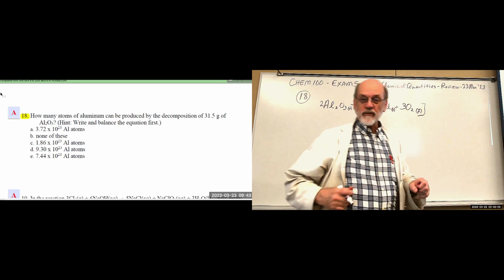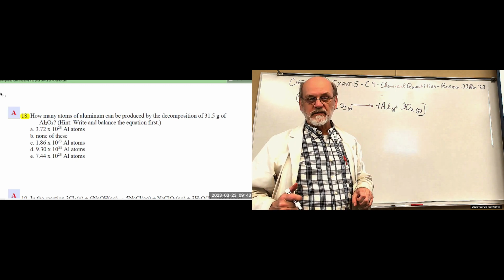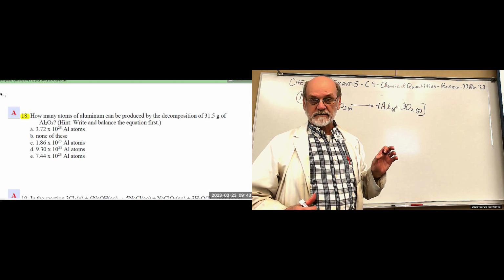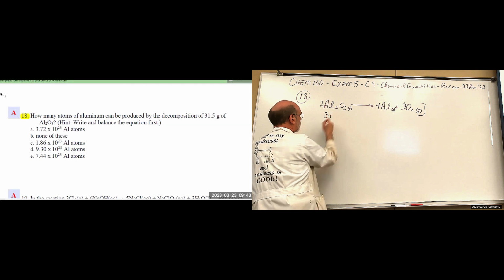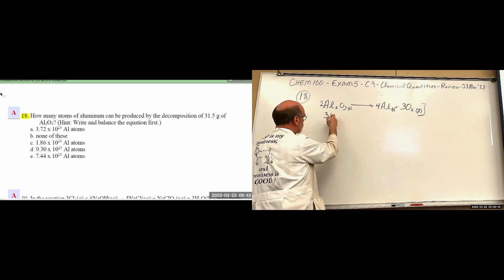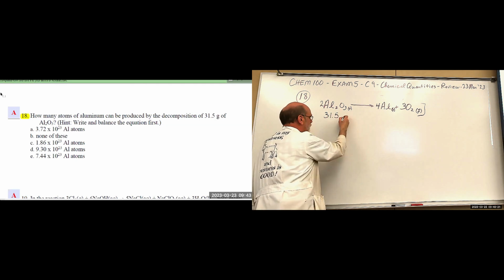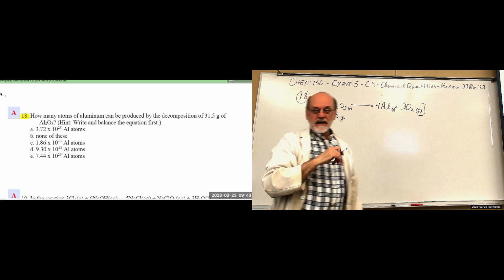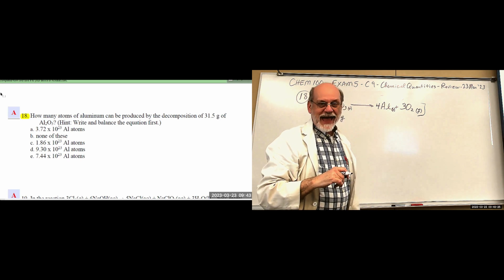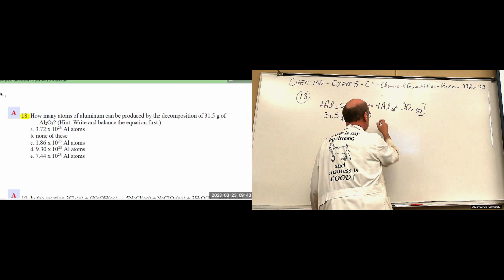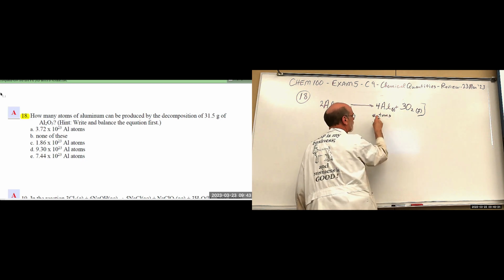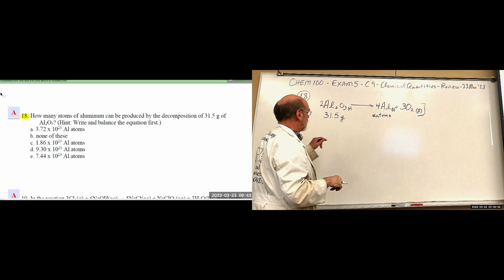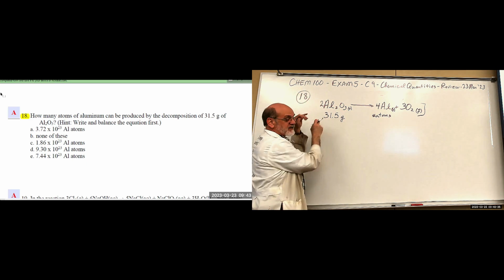Now it says 31.5 grams of aluminum oxide. How many atoms of aluminum? So we want to know the number of atoms of aluminum that can be produced. Okay, first of all, this has to be moles.